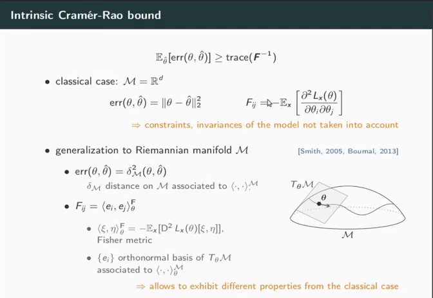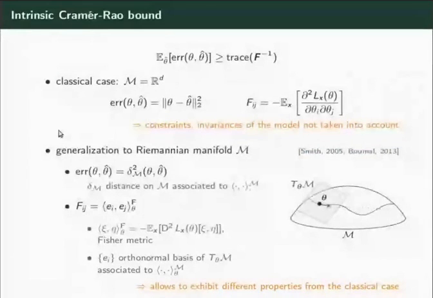But in the classical case, it doesn't take into account the constraints or the invariances of the model that we can have. And for instance, if we consider low-rank covariance matrices, there is quite a structure to take into account.